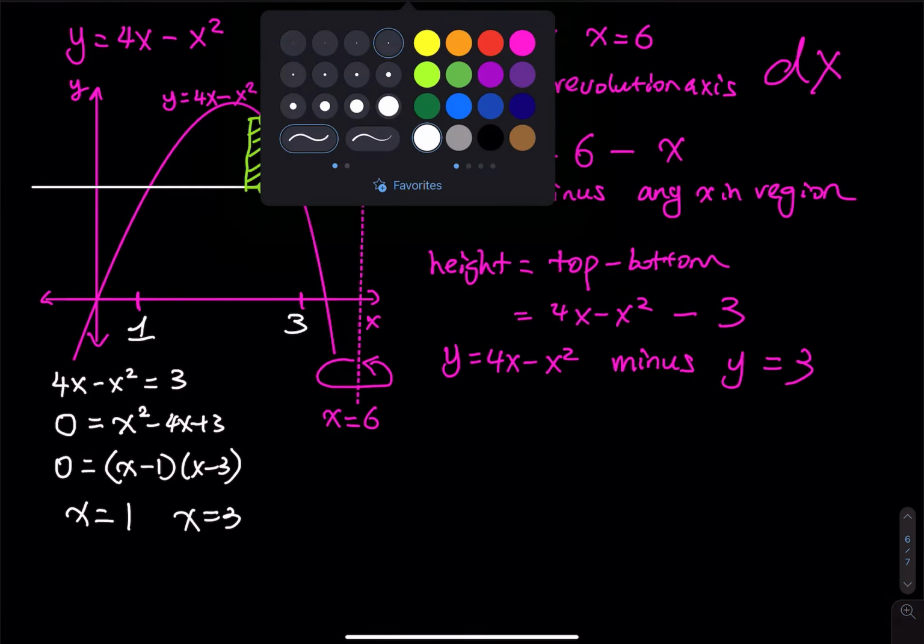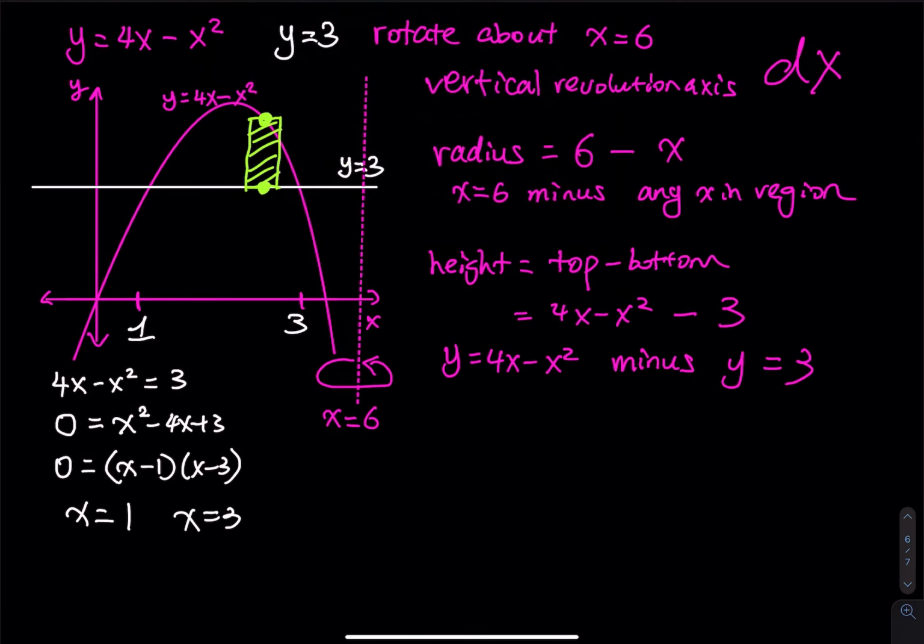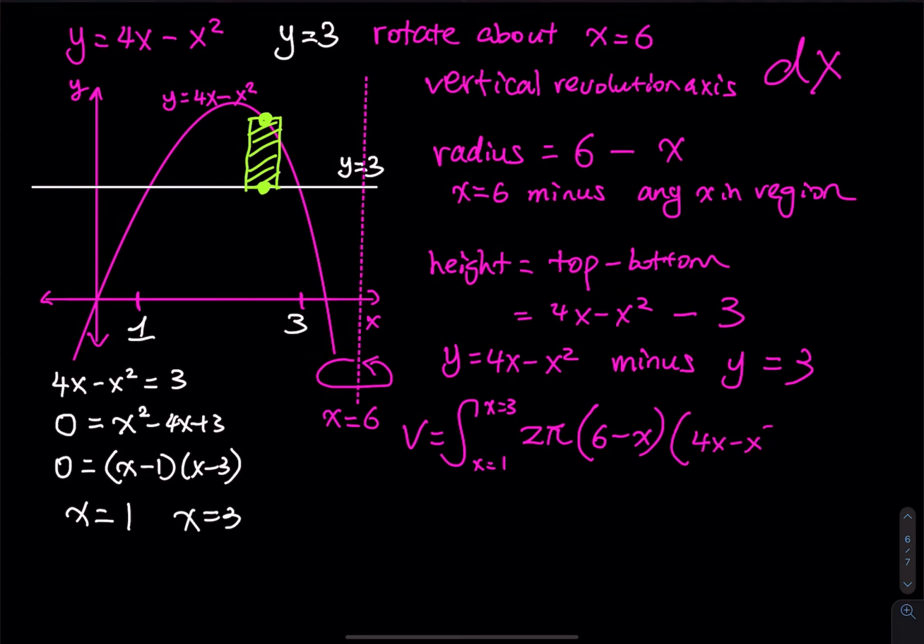And then you go back to the integral. So the volume equals the integral from x equals 1 to x equals 3 of 2 pi, the radius, 6 minus x, times the height, 4x minus x squared minus 3, and then dx. Now the job is done.